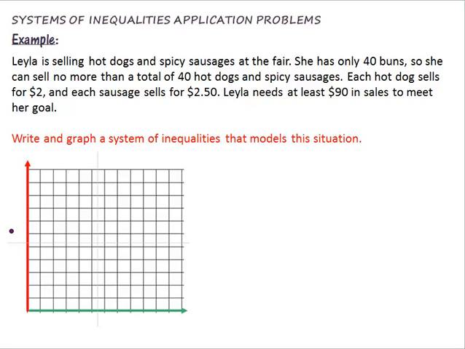Now the first step is to assign our variables to the problem. What we're trying to find out and what we don't know is the number of hot dogs and the number of spicy sausages. So I'm going to let X be the number of hot dogs, and I'm going to let Y be the number of sausages.